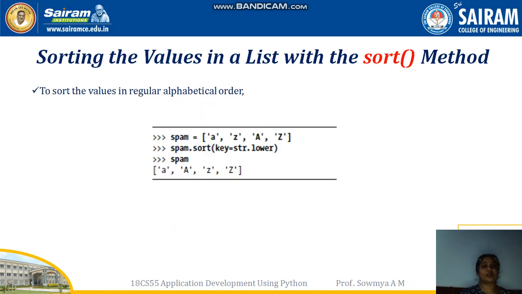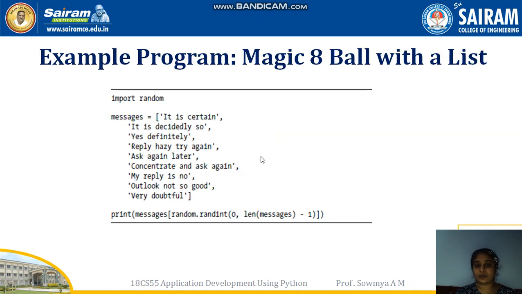But if you want to sort with small a, capital A, small z, capital Z, meaning all A, B, C, D in order but with small and capital together, then we have to make use of key equal to str.lower or key equal to str.upper. So if you use key equal to str.lower, what happens?